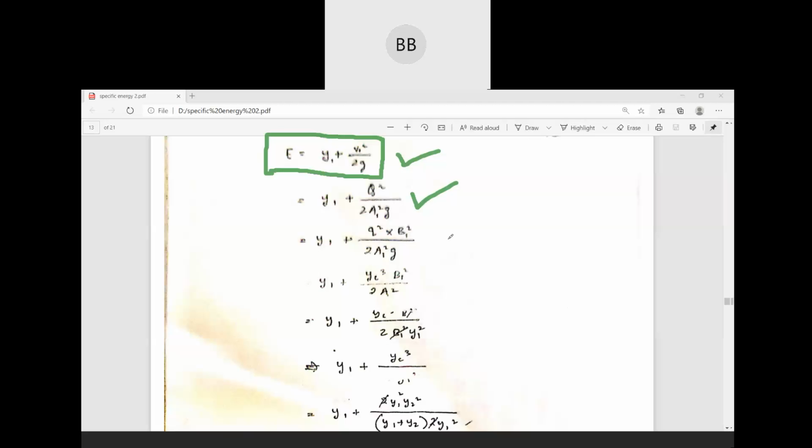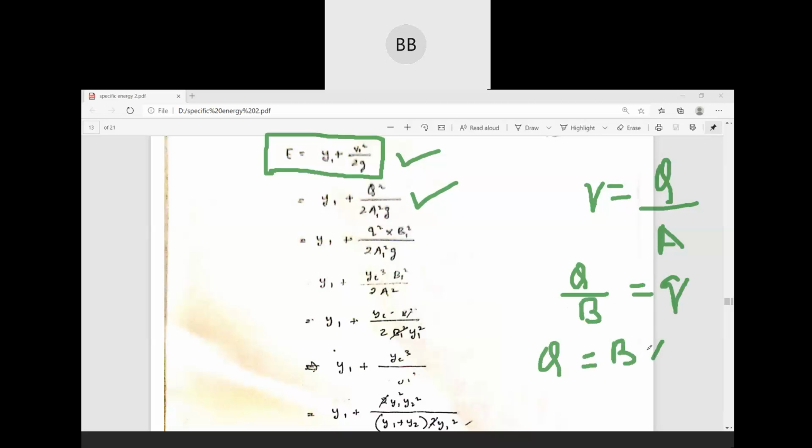That velocity we are going to replace by discharge by area. Then discharge per unit width is q, so discharge is equal to q into b. So then we replace the discharge by q into b.